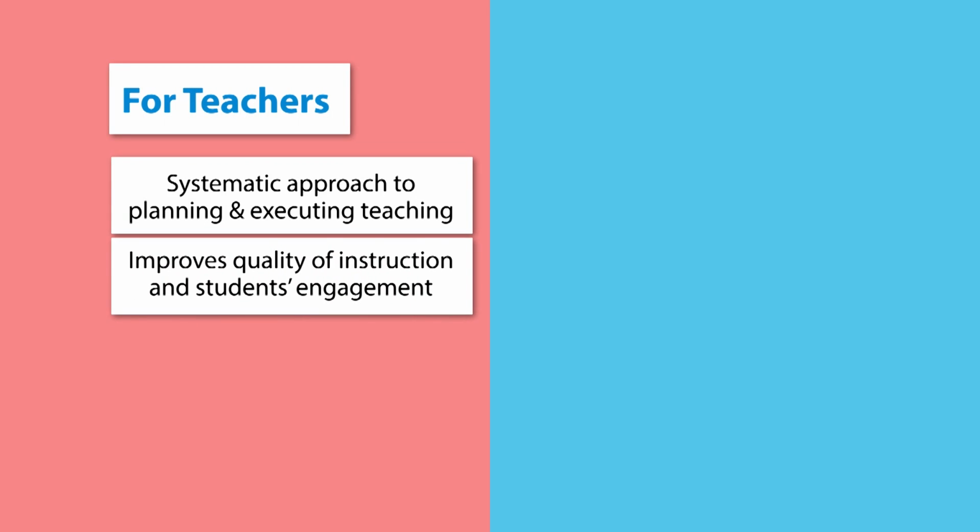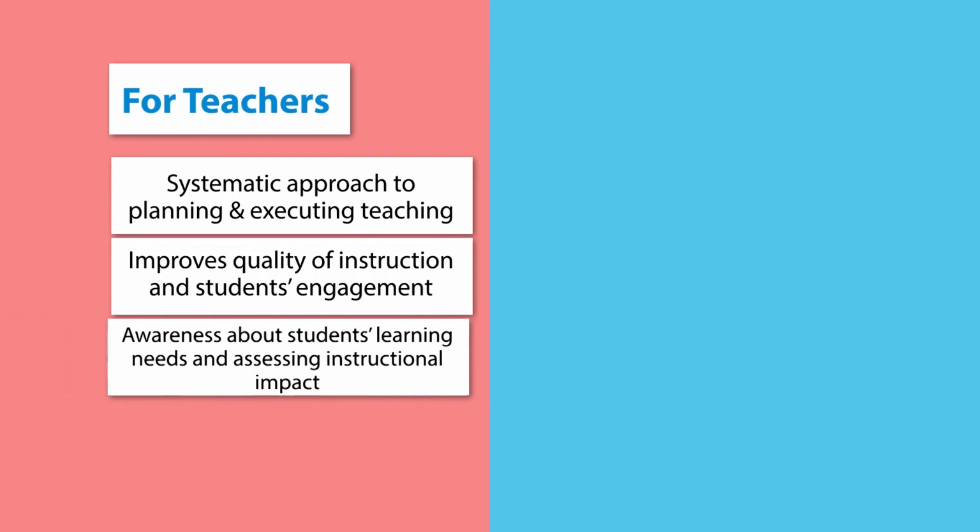Then, teaching models improve the quality of instruction. That means the quality of instruction or the teaching will be made effective if a teaching model is appropriately employed by the teacher. And it also helps in improving the students' participation in the teaching learning process.